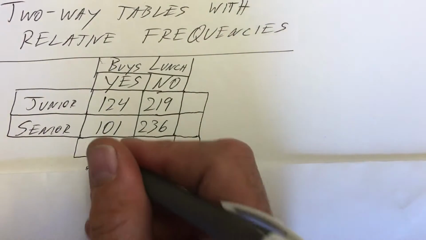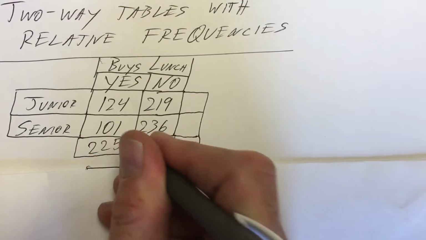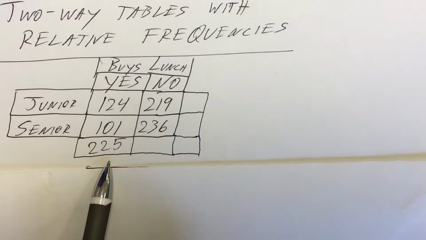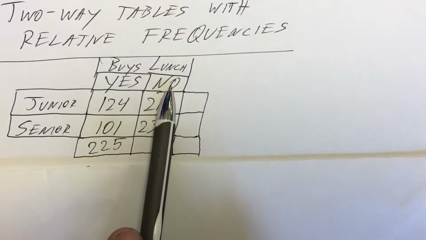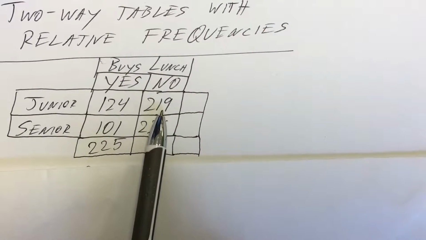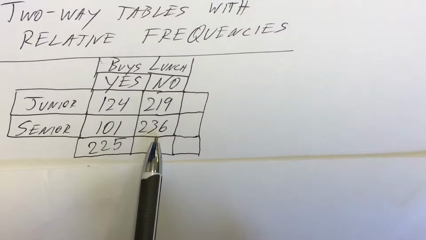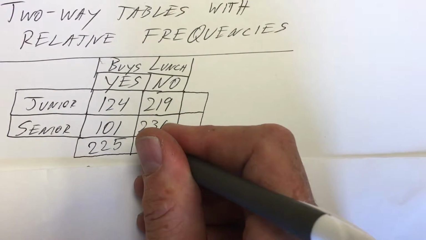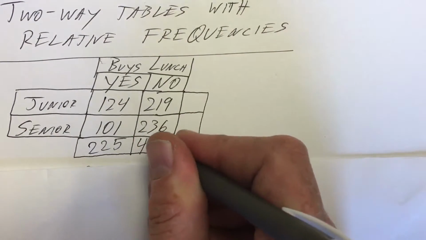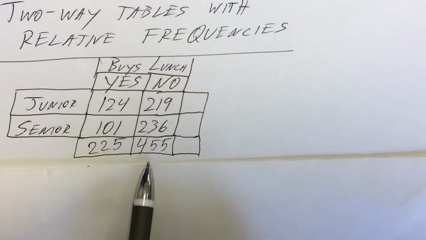If you add those together, that would be a total of 225 people that said yes, they buy lunch at school. If we answer the question for no for buying lunch, again, 219 juniors, 236 seniors. If we add those together, that would be a total of 455 people that said they do not buy lunch at school.